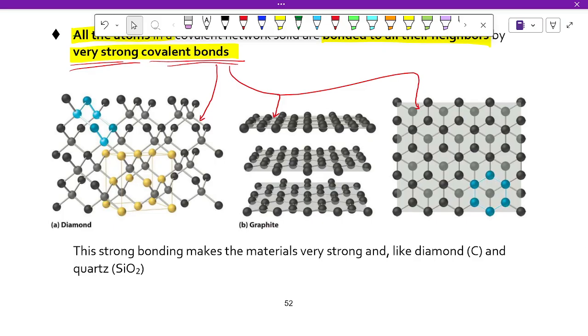So this strong bonding makes the materials very strong and light, strong, and it should say hard here as well.